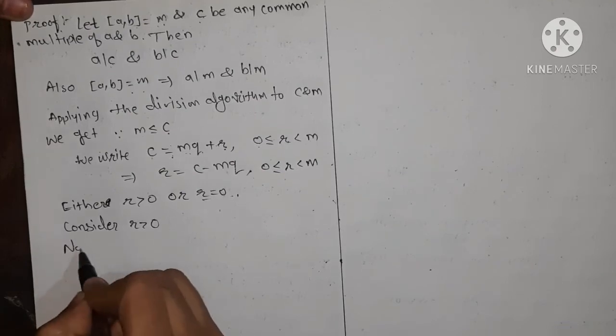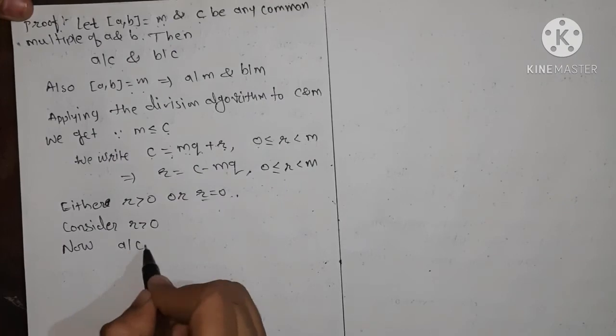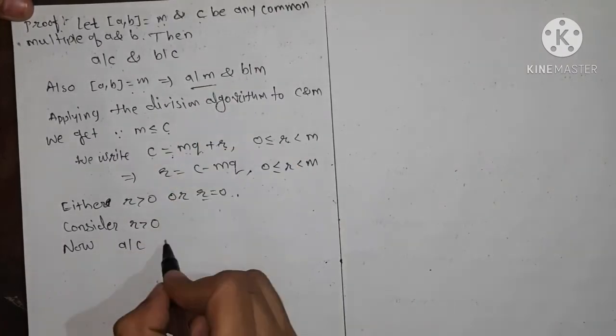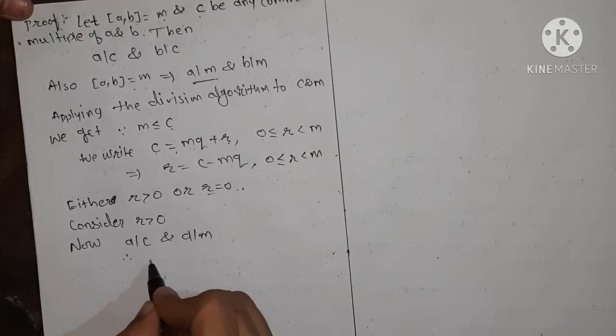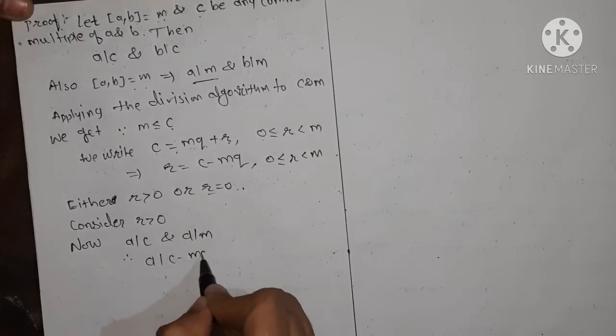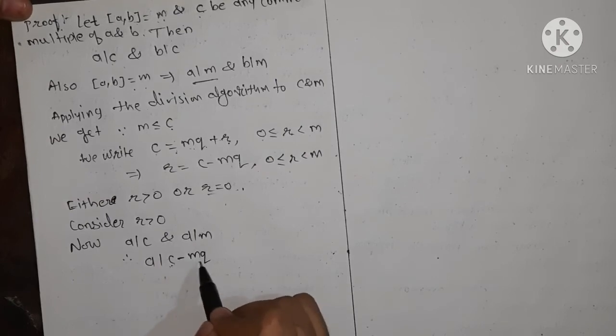And now, since a divides c, and from this a divides m, therefore by the property a divides c minus mq, which is a linear combination of c and m.